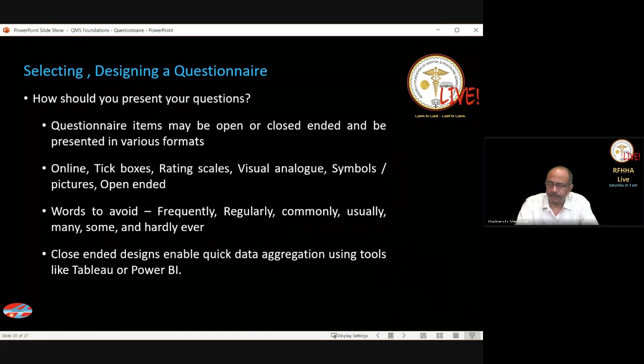Now, while making a questionnaire, words to avoid. There are only a few examples given here, but there are many such instances. There are many other phrases and words which can be misunderstood, so they have to be avoided. The first example given here is frequently. So, do you have frequent pain?